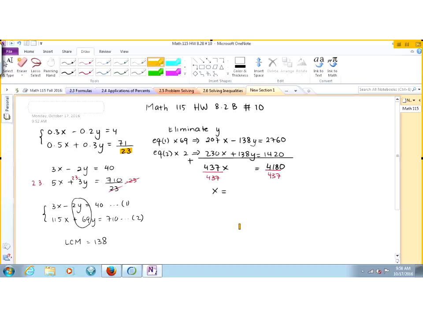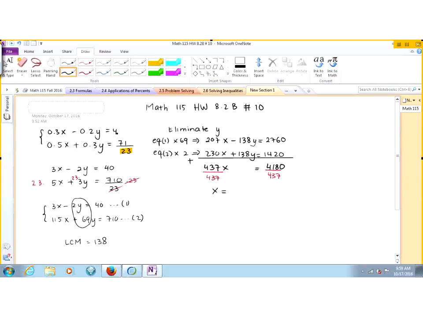So can we reduce this? 4180 divided by 437. What is 437 divisible by?